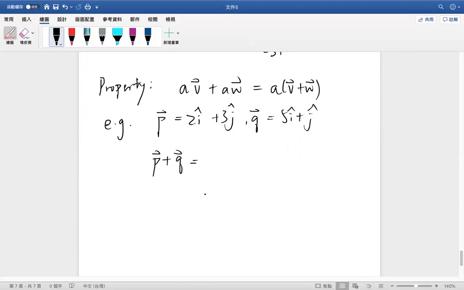Anyway, back to this example. So the answer is 7i plus 4j. Is it okay?